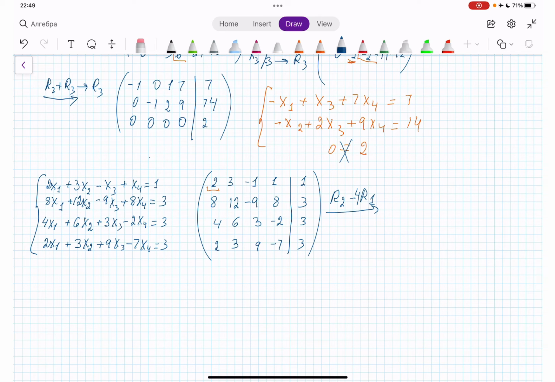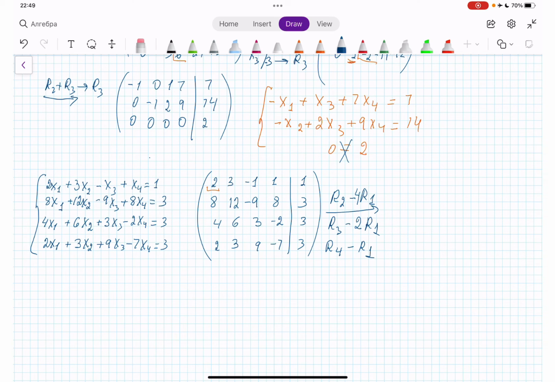Let's do it. So for the third line, I have to do R3 minus twice R1, right? So I can get 4 and then do 4 minus 4 to get 0. And for the fourth one, I'm not touching anything because I have two as the leading coefficient and 2 is in the fourth line. So all I will do is R4 minus R1.